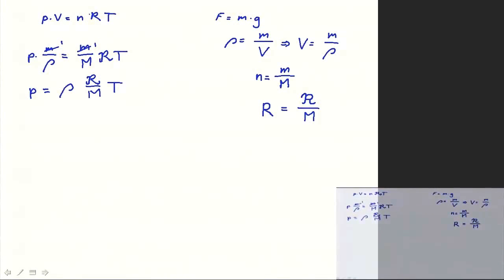For air, we take the general gas constant, which is 8.3145, divided by the molar mass, which is a sort of average, because we're talking about different gases here. CO2 is very heavy, while O2 is lighter, and so is N2.